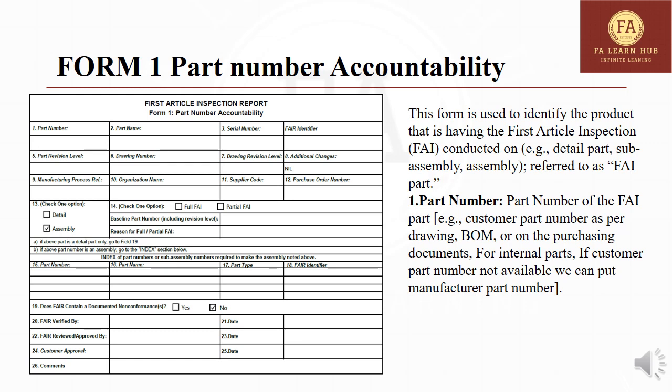If not matching, we can convey the same to our customer, get a confirmation from the customer, and put the part number. If the customer part number is not available, we can put the manufacturer part number for internal parts.